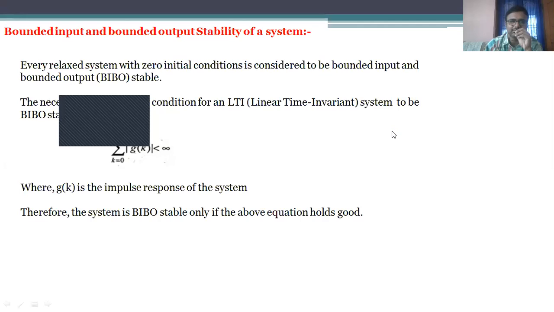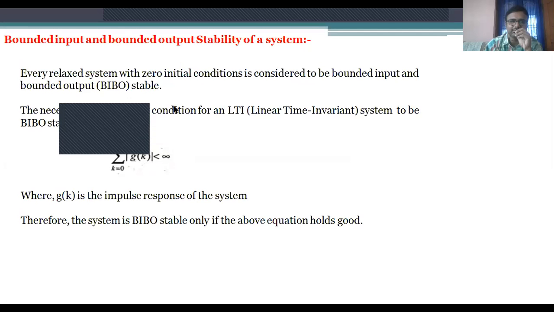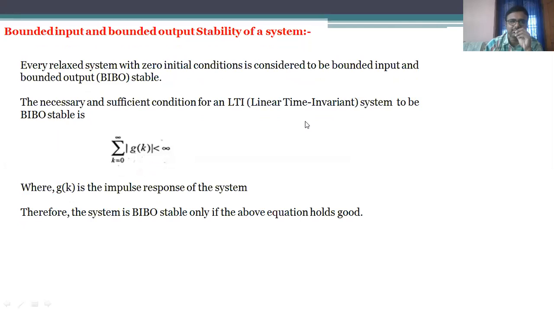Every system is called a bounded input, bounded output stable system if this condition holds good.